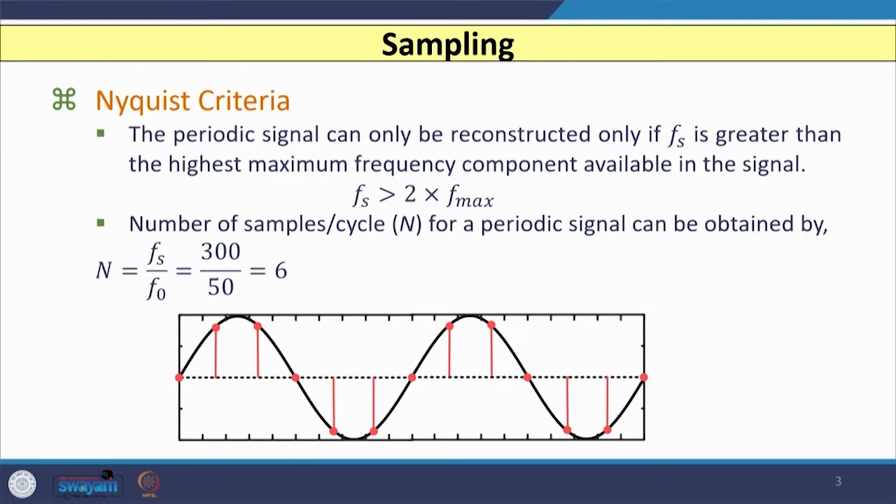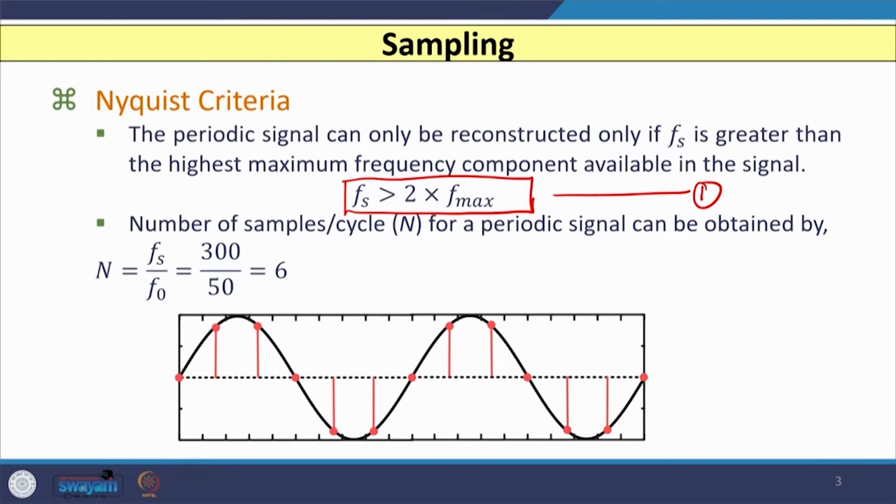This is the Nyquist criteria, and mathematically we can represent it as equation number 1: Fs greater than 2 Fmax, where Fs is the sampling frequency at which we sample and Fmax is the maximum frequency component present in the acquired signal.